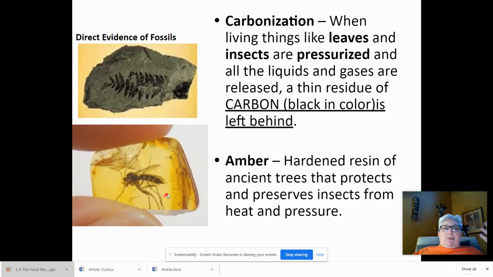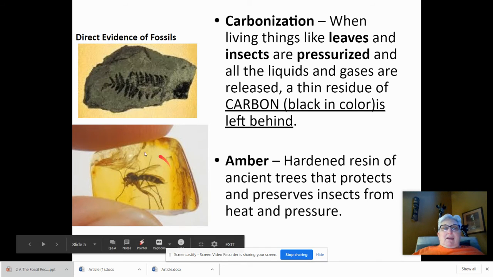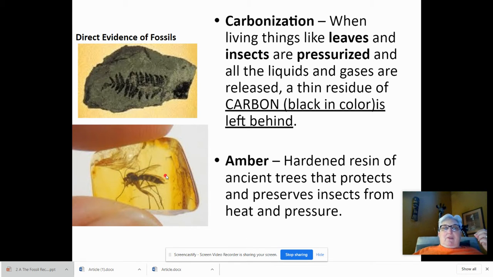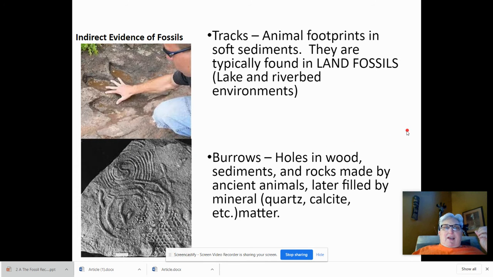Certain areas of the world, Lithuania, for example, is one place where you see a lot of amber, so much so that there's a lot of jewelry that is made from amber. Here's more of an imprint. This black color indicates the carbon that was in the tissue of this particular fern-like plant.